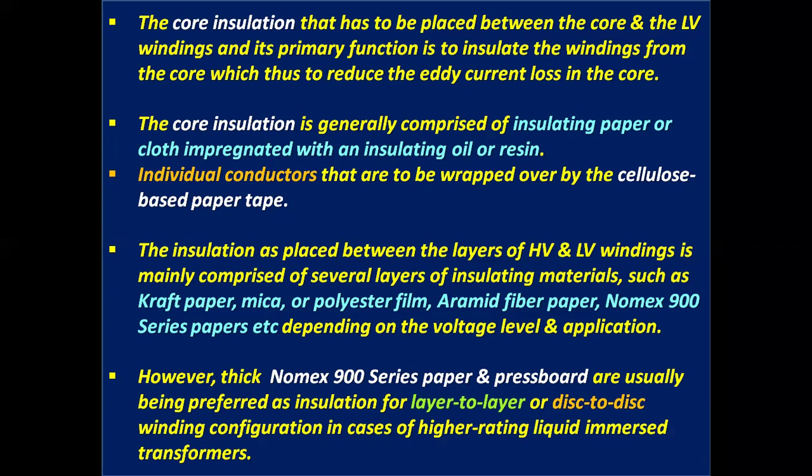However, thick Nomex 900 series paper or pressboard is usually preferred as insulation for layer to layer or disc to disc winding configuration in cases of higher rating liquid immersed transformers.